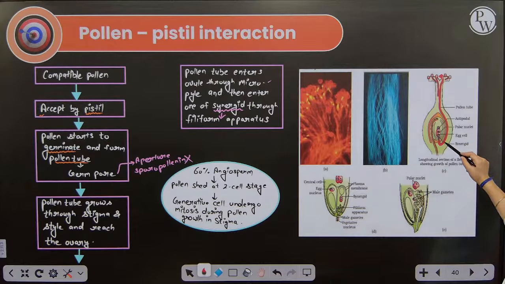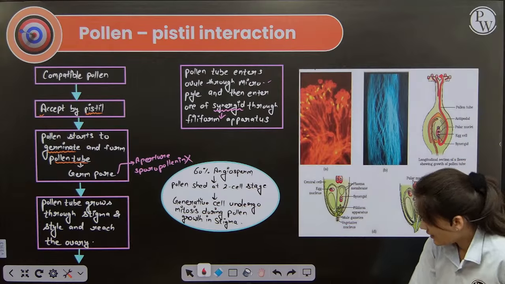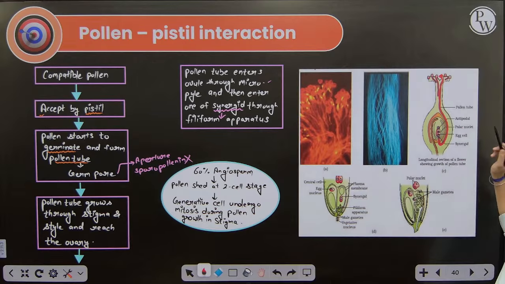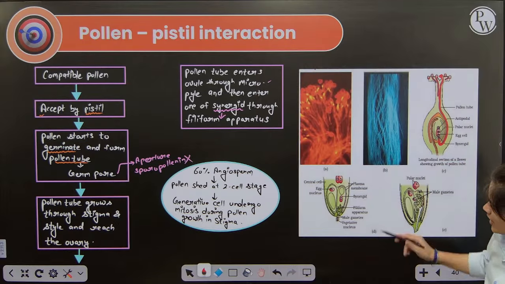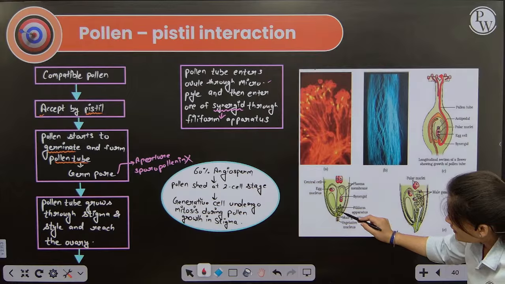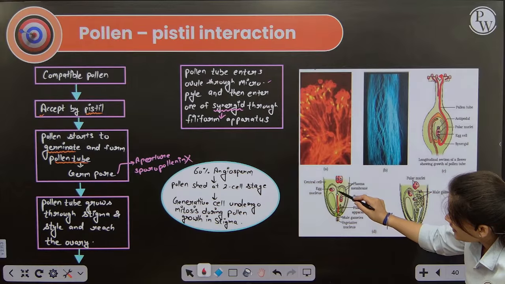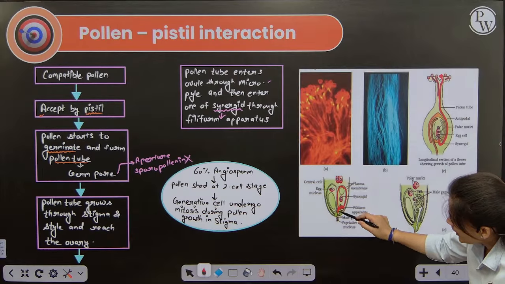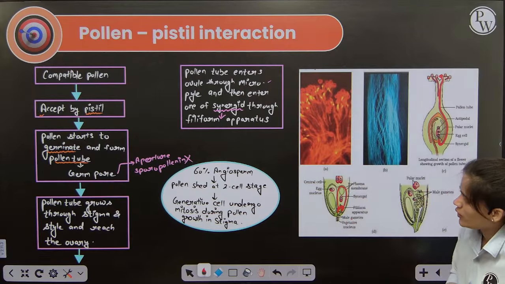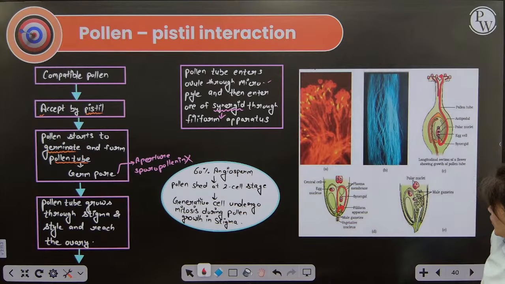So this pollen tube enters the ovule through the micropyle end, and out of this 7-celled, 8 nucleus embryo sac, in which cell does the pollen tube enter? The pollen tube enters one of the synergid cells, and the synergid cell has a filiform apparatus which guides the entry of this pollen tube.